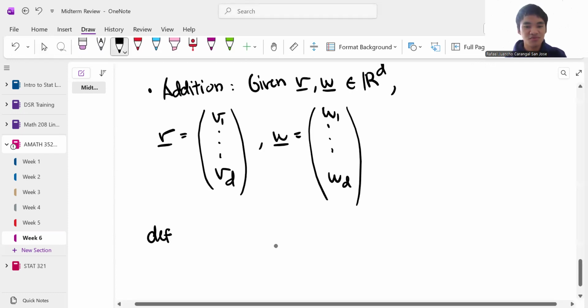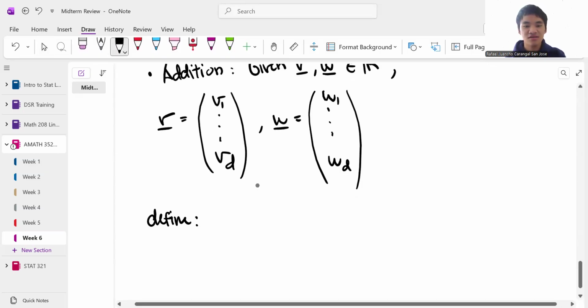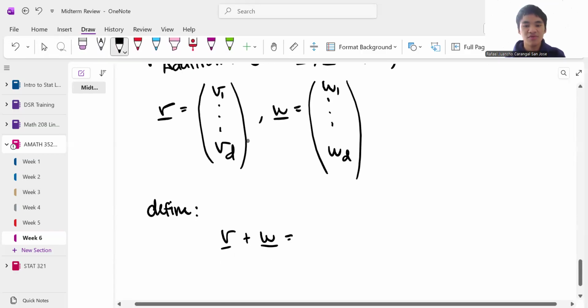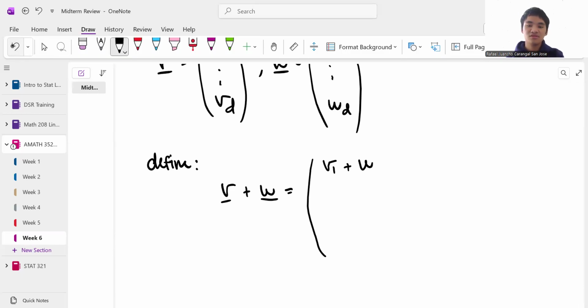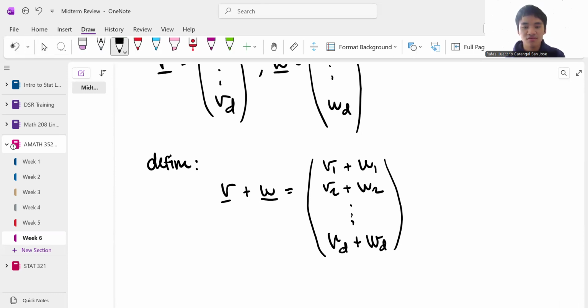Based on these two vectors, we can define that when we add v and w together, we're actually just adding their corresponding components. So v1 plus w1, v2 plus w2, and we keep going, adding all components, to vd plus wd.